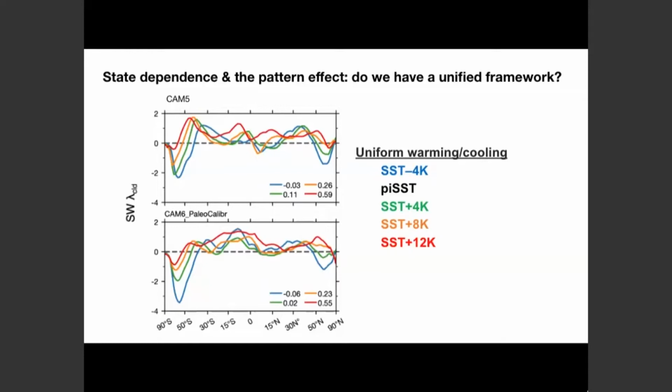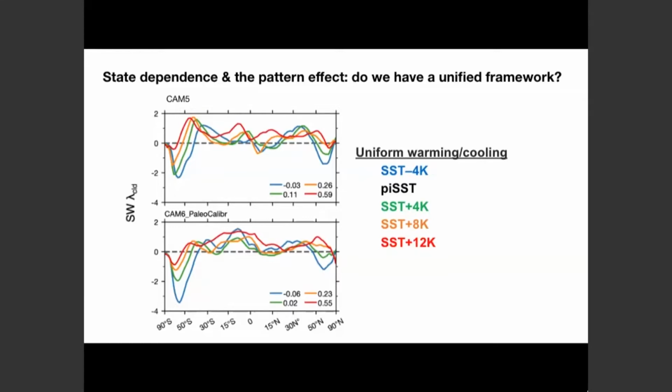You may wonder why I do this, because I think those are the simplest paleoclimate simulations you can do. The SST minus 4K can be thought of as a 0th order LGM simulation, which is a cold climate. And the plus 12K is perhaps comparable to the Eocene simulation. You have a huge warming.